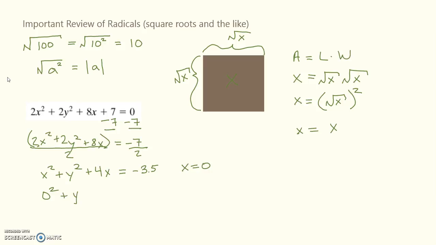We keep our y squared, and these can go invisible because they're zeros, and we have y squared equals -3.5. Now we can, in fact, take the square root of both sides because both sides are just factors.